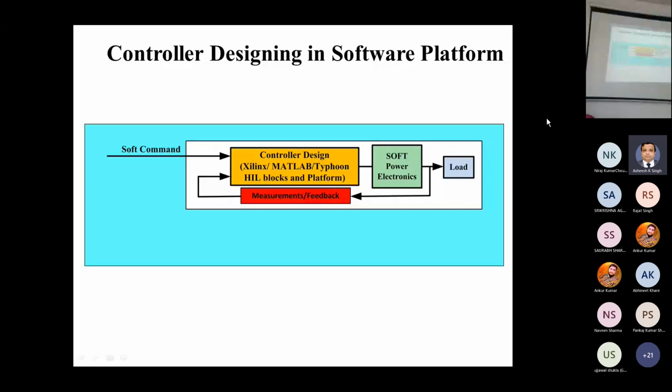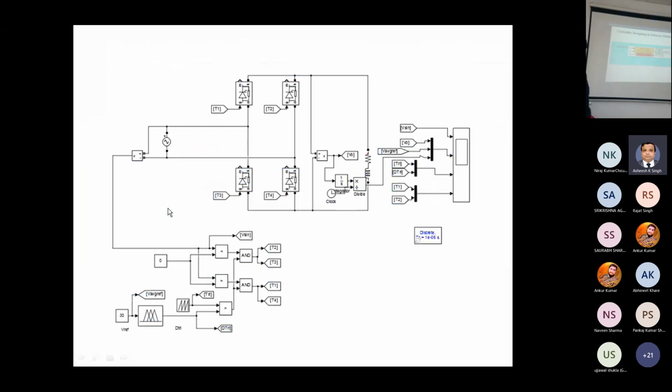A soft power electronics inverter or converter is used, and a soft load, that is the block of a motor or the block of an RL load, is used. However, suppose we are designing a fuzzy controlled rectifier for driving an RL load. So the lower part is the controller and the upper part is the power circuit.